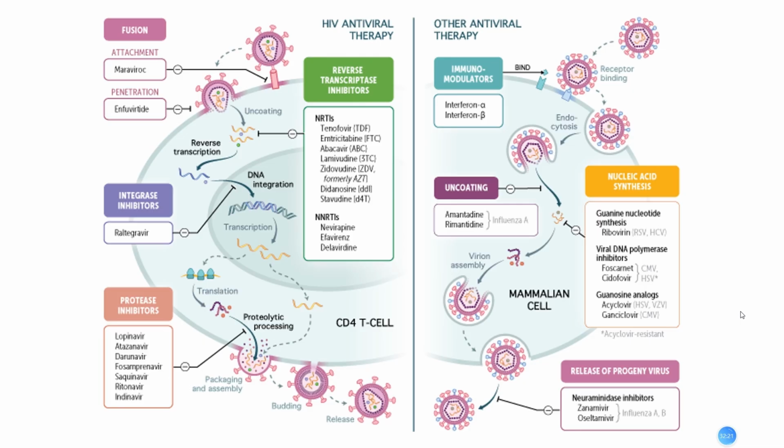Over 40 years, we now have a lot of medicines available to inhibit HIV replication on different targets. At each step, you can pick some target to design the medicine.